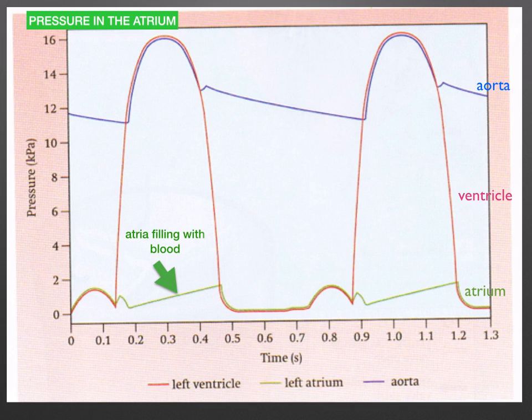The atria then fill with blood, and this leads to a gradual build-up of pressure until a slight drop where the left atrioventricular valve opens and some blood moves into the ventricle.